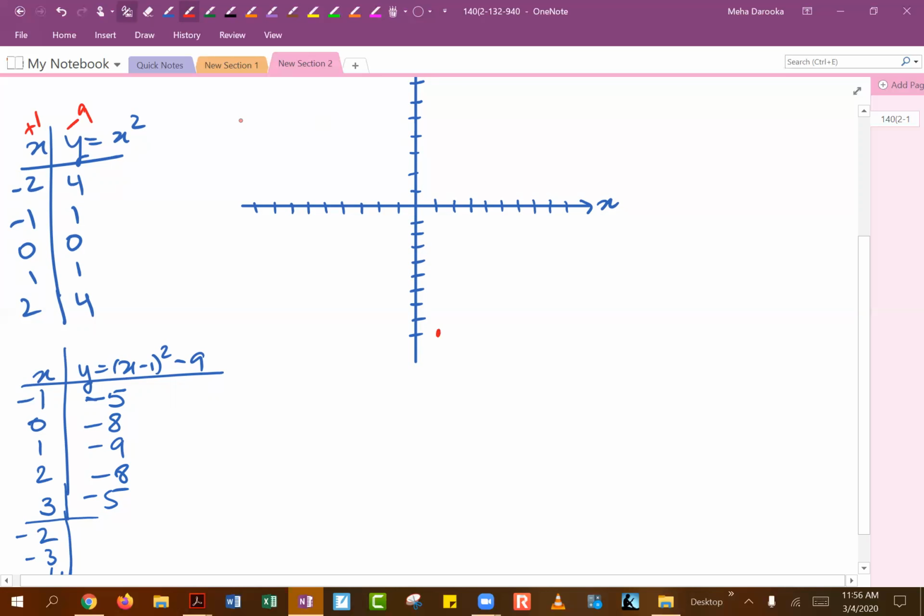And then these are extra points if you need them, which you will. So -1 should be at -5. 0 should be at -8. 1 should be at -9. 2 should be at -8. 3 should be at -5.